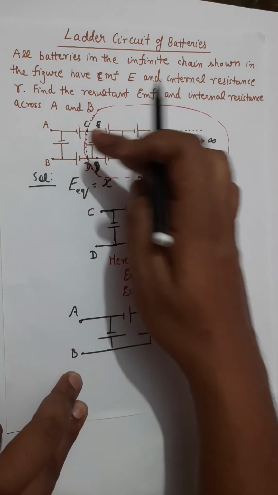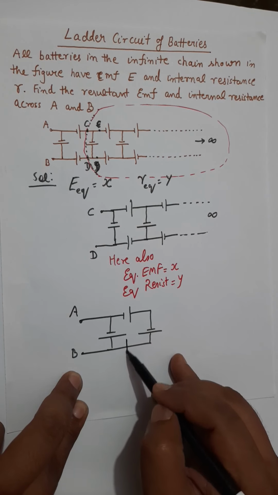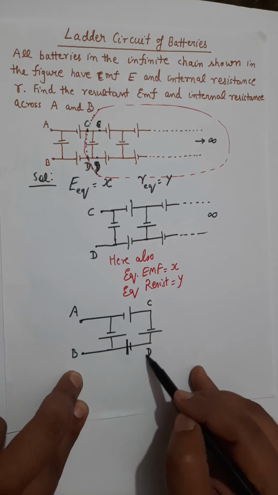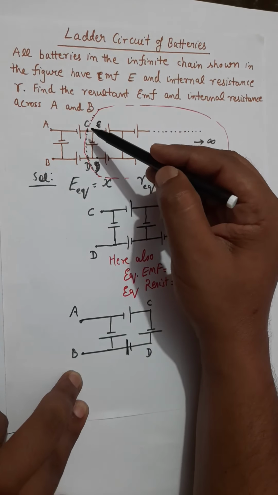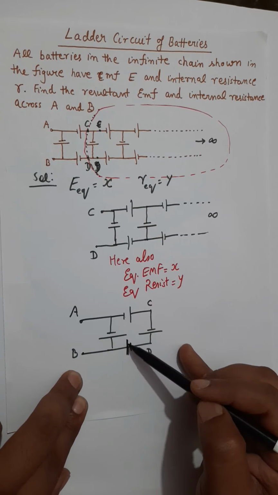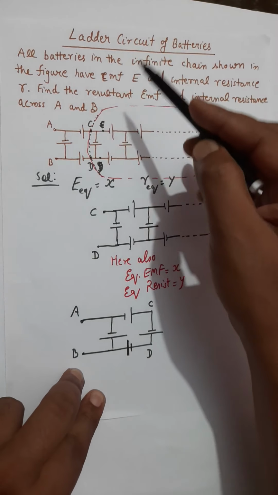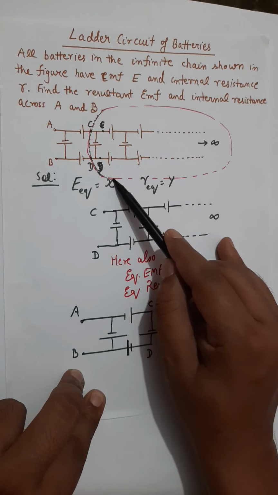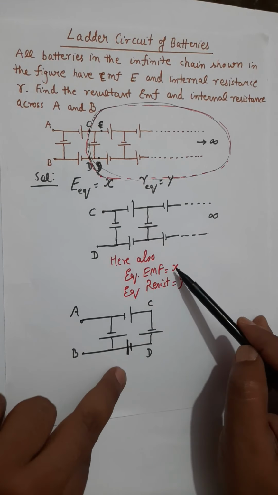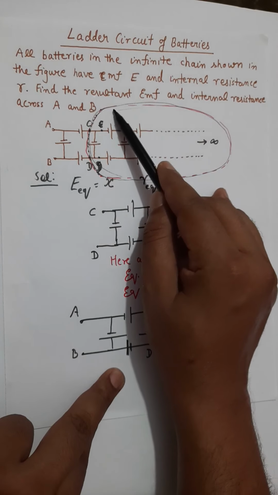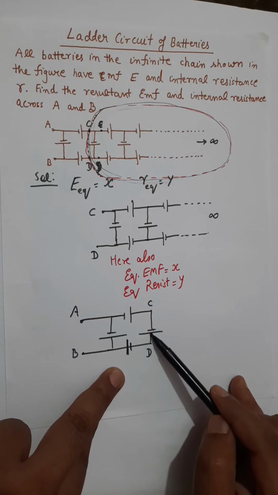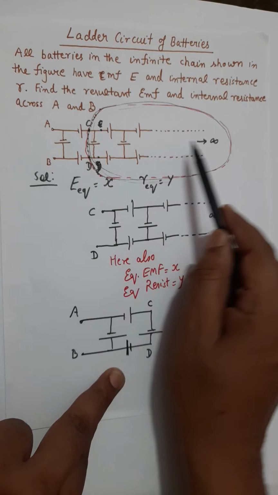Sorry, I missed one battery here, so there was one battery, and this was my point C and point D. So what we are doing is keep your first three batteries, and then the total equivalent after point C and D and up to infinity, which we have assumed X and Y, this total group is replaced by a single battery.